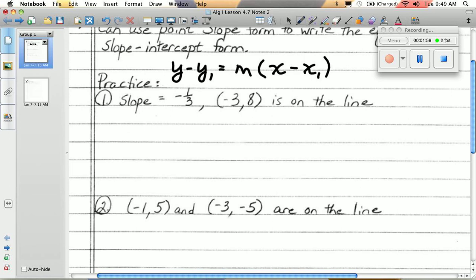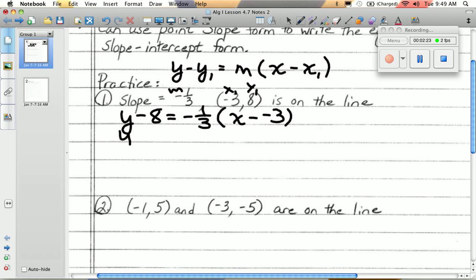So what would our equation be? Y minus 8 equals negative 1/3 times x minus negative 3, right? This is our m value right here. This is our x sub 1. This is our y sub 1.